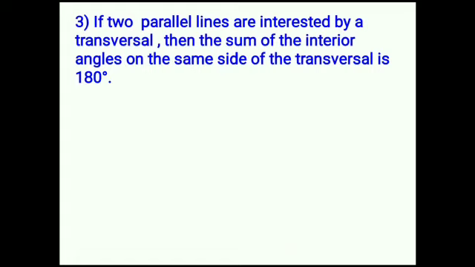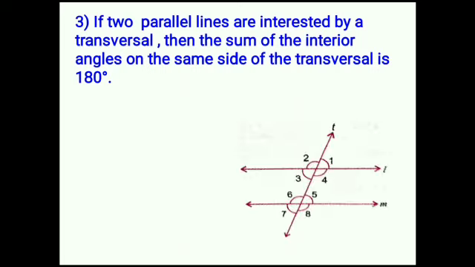If two parallel lines are intersected by a transversal, then the sum of the interior angles on the same side of the transversal is 180 degrees. In this diagram, L and M are parallel and T is the transversal, correct? Now see the sum of the interior angles on the same side of the transversal.